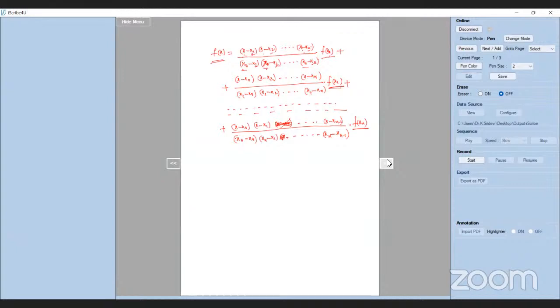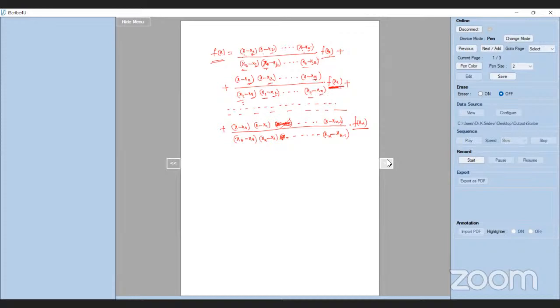Now in the second term, which is related to x1, the x1 value should not appear in the numerator. The remaining values x0, x2, and so on, xn will come. In the denominator, x1 should appear, along with the remaining values x0, x2, and so on, xn.